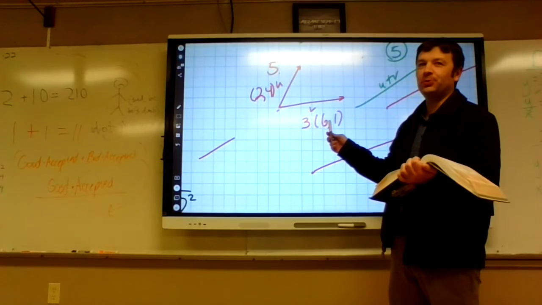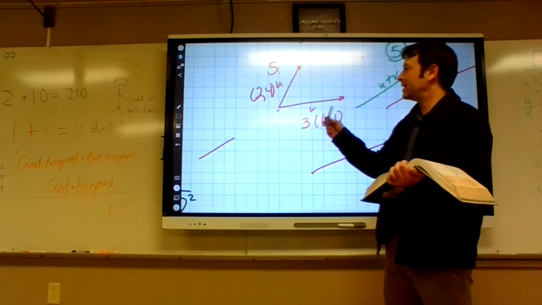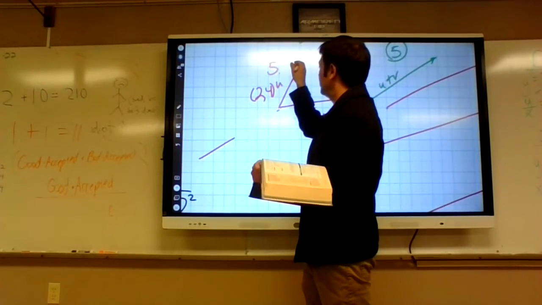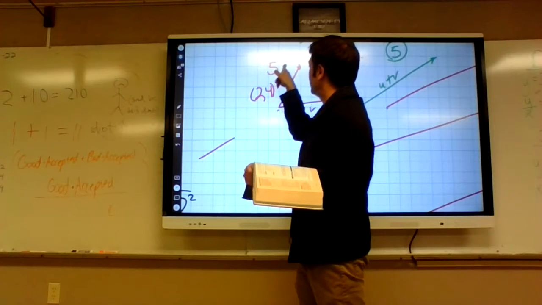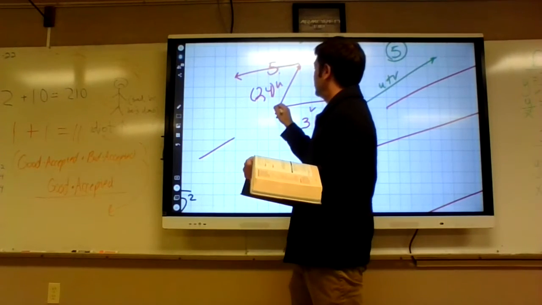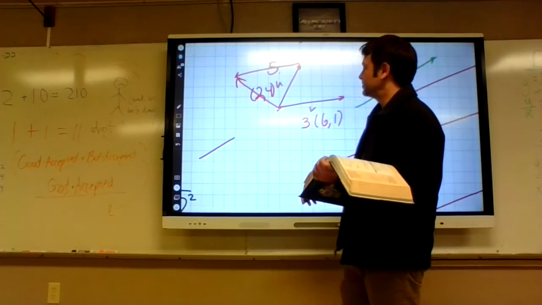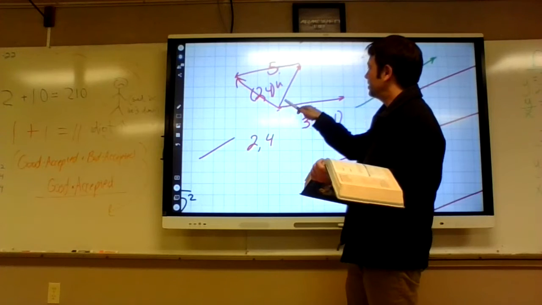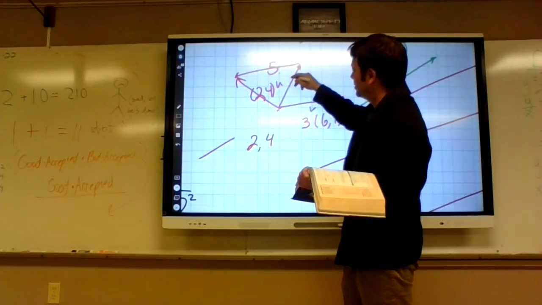If v is 6, 1, minus v is like -6, -1. But when they're working together, let's see if I can draw 1, 2, 3, 4, 5, 6. They make this vector right here. This is vector u right here.